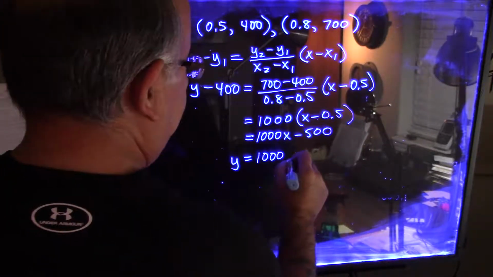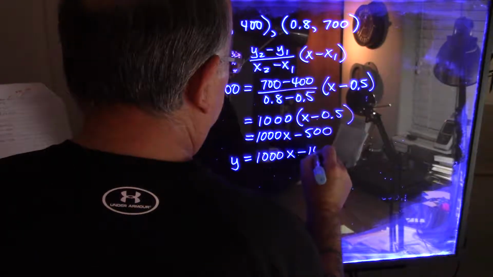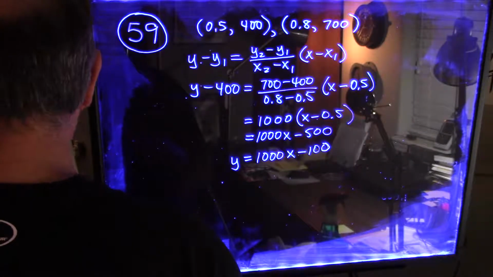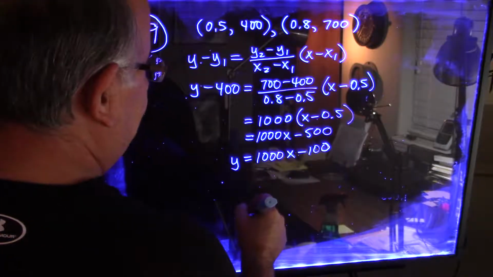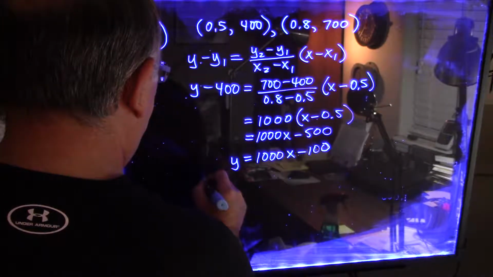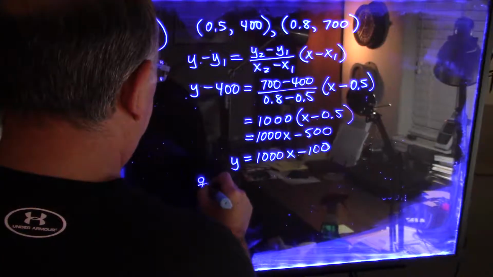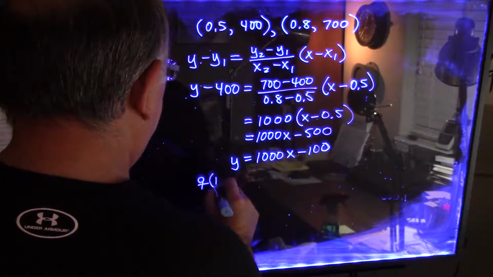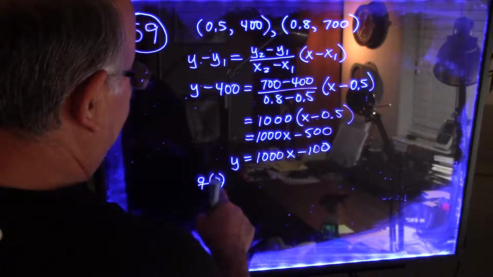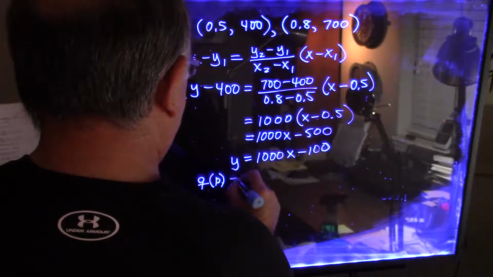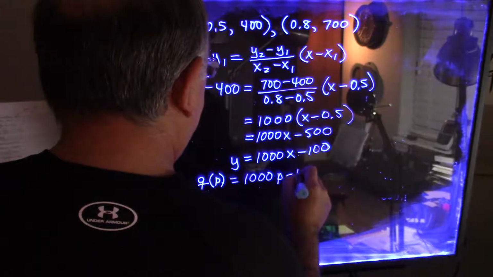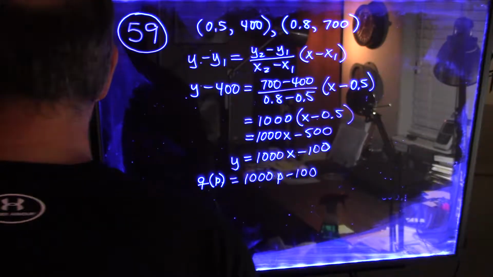Going back to p's and q's, p is used instead of x, q for y. So we've got a function q of p, instead of y of x, equals 1000p minus 100.